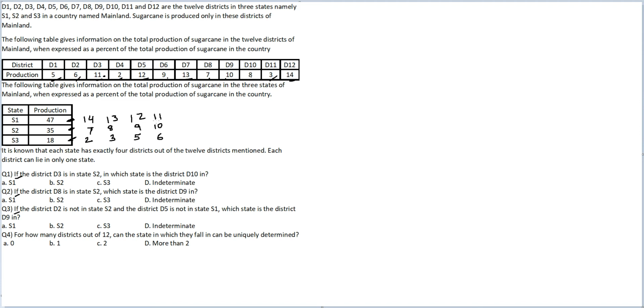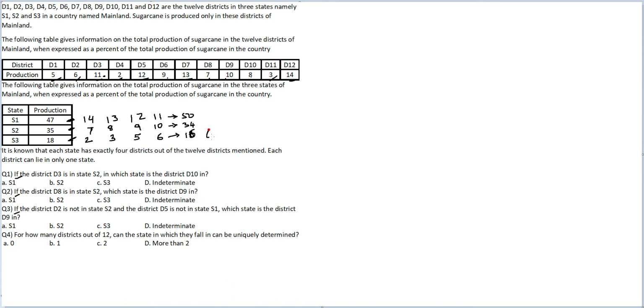If you add up the numbers for state 1, the way we have written it down, it is 50. For state 2, the numbers add up to give me 34, and for state 3, the numbers add up to give me 18. Okay, sorry, this adds up to 16.